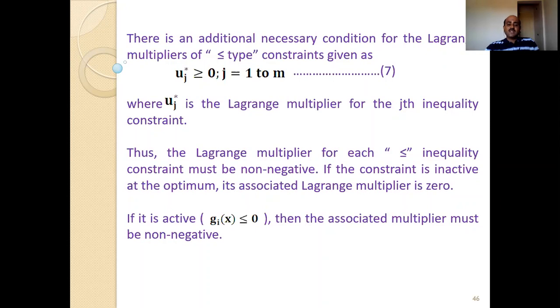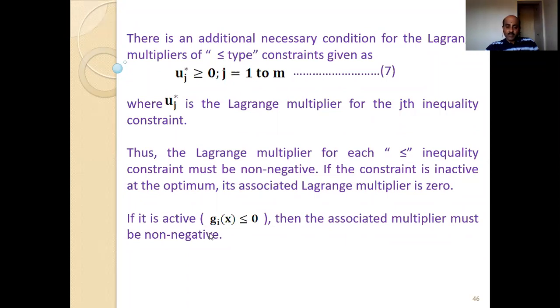Okay. So thus the Lagrange multiplier for each inequality constraint must be non-negative. If the constraint is inactive at the minimum, its associated Lagrange multiplier is also 0.